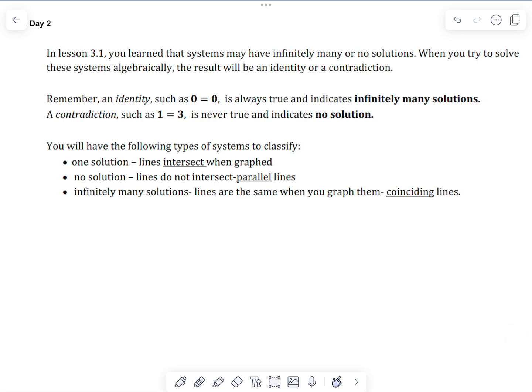In that lesson 3.1, we've learned about infinitely many solutions or no solutions. So what's going to come next is sometimes when we're solving these systems by elimination, if you get 0 equaling 0, what that's going to represent is infinitely many solutions.